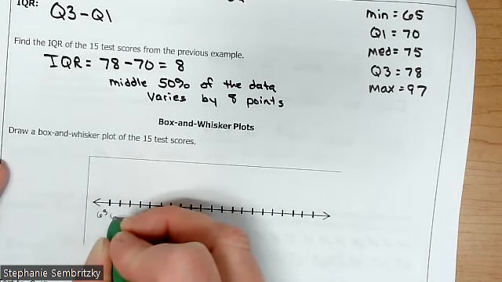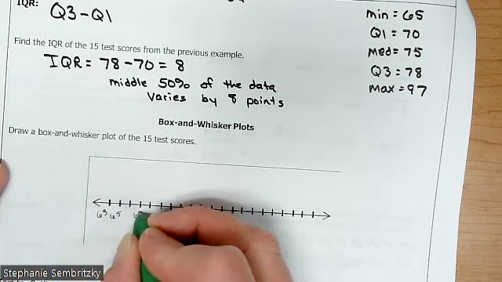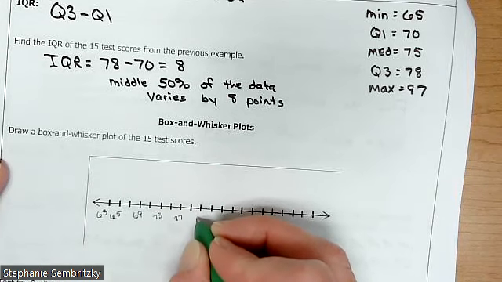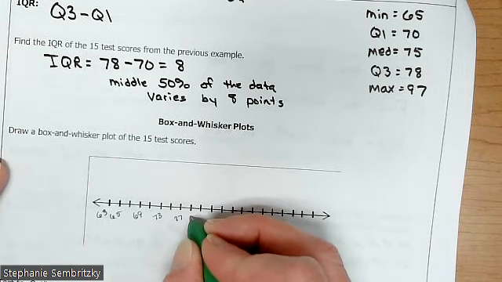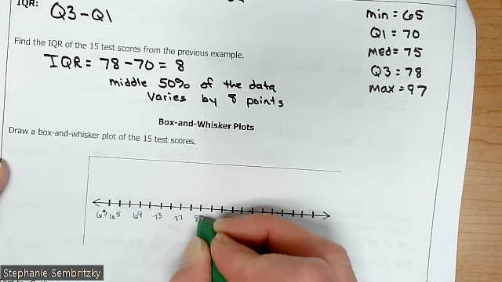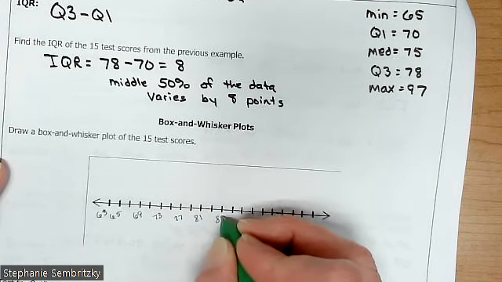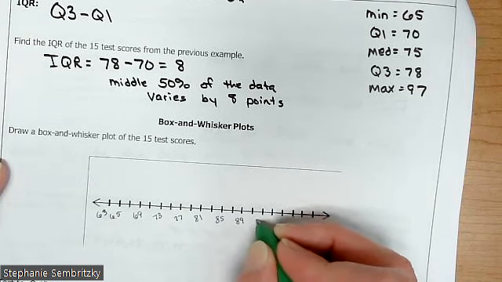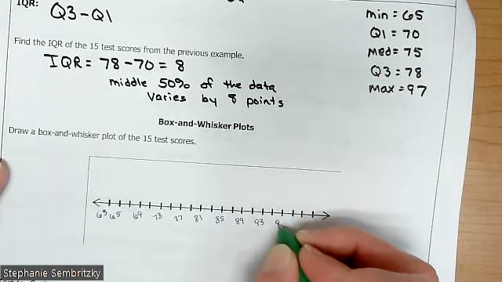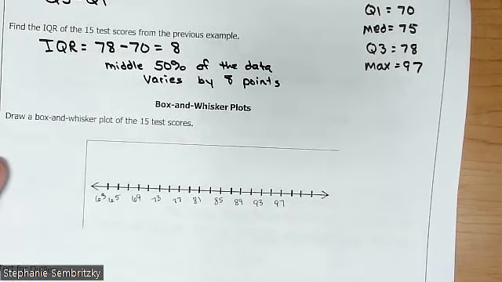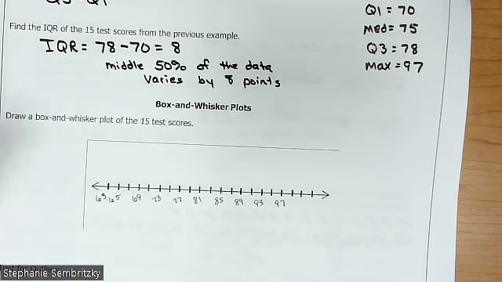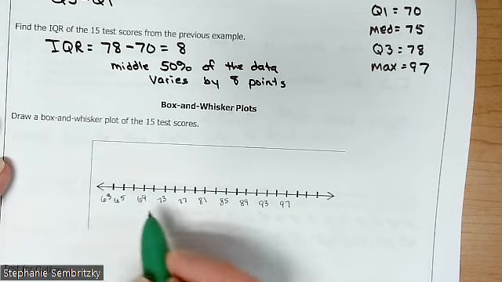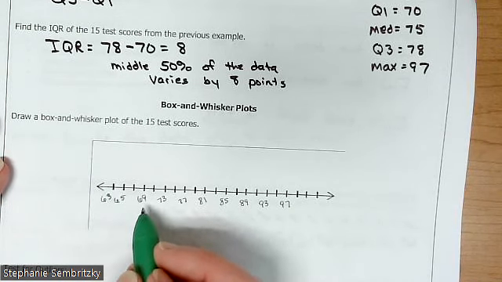Odds would be okay. 63, 65, 67, 69, 71, 73, 75, 77, 79, 81, 83, 85, 87, 89, 91, 93, 95, 97. Notice I went by odds because my minimum and my maximum were odds. I could have gone even if I wanted to.